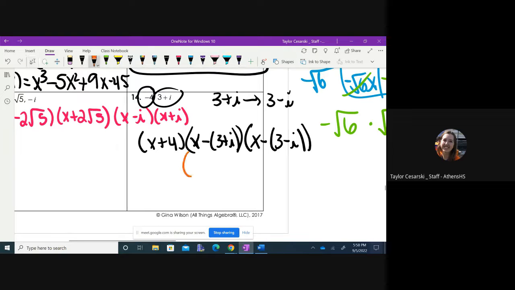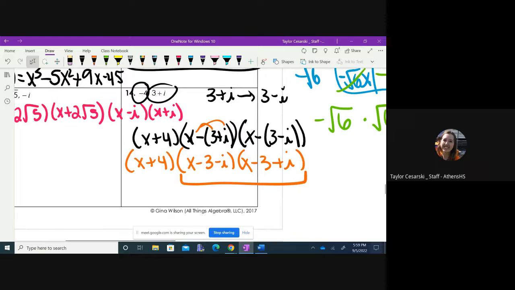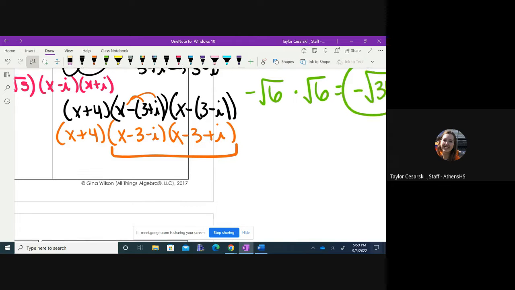I'm going to go ahead and distribute that. So that's x minus 3 minus i, just distributing those negatives, and x minus 3 plus i. You can still do what you did before with a box, but this time if you're multiplying these two together, it's going to be a 3 by 3 box. So let's actually do this one because it's a little bit different.